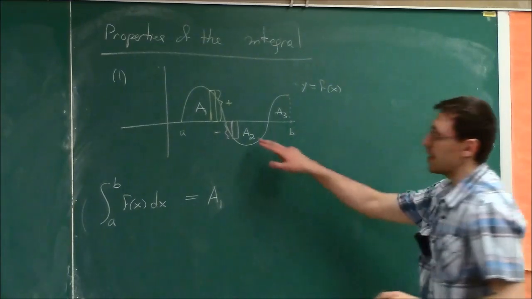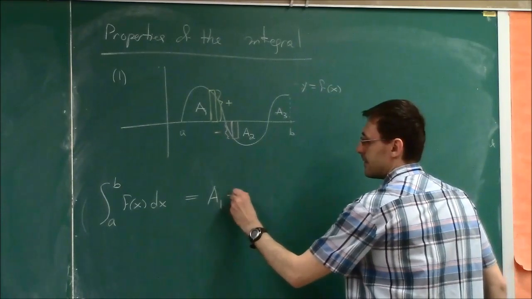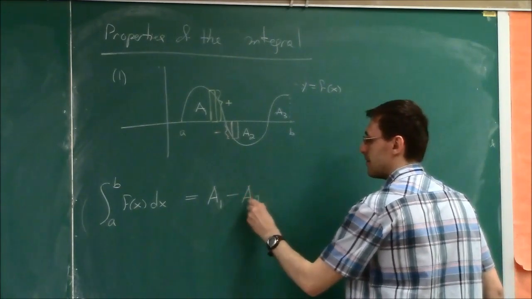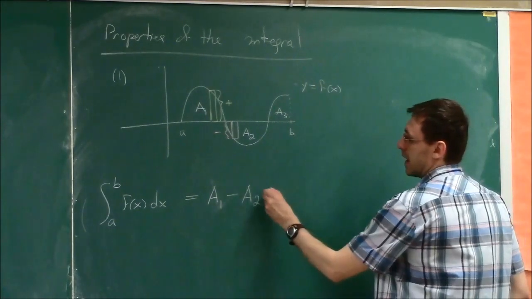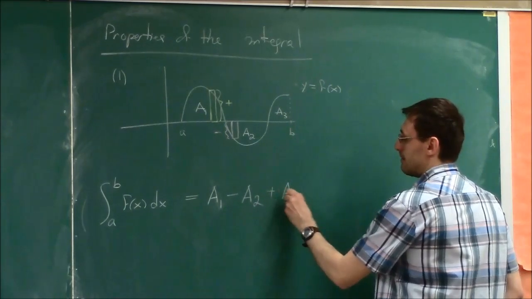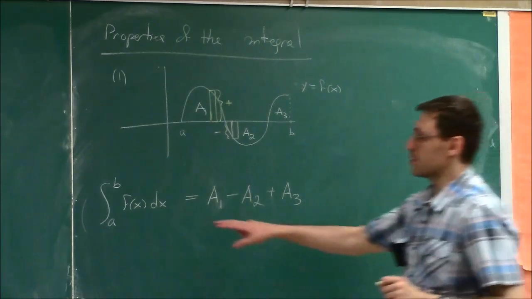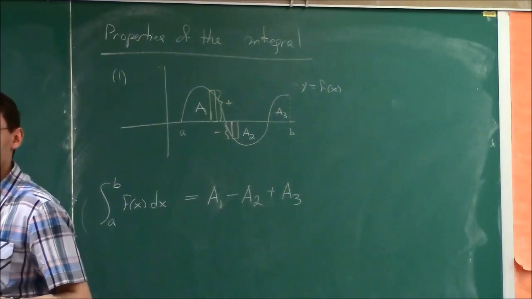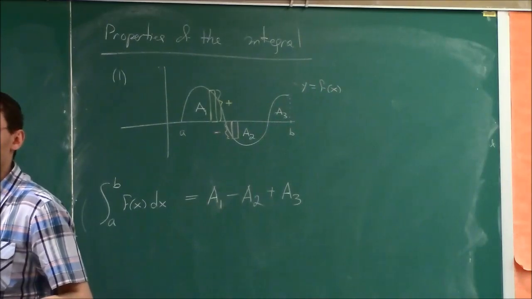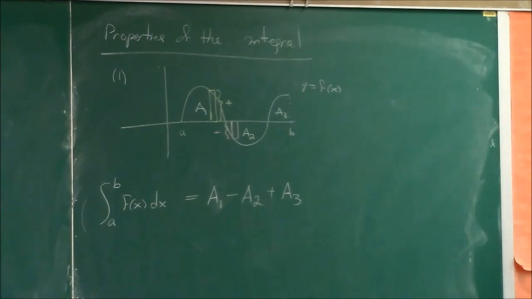So you can see that over A2, because it's below the x-axis, I will subtract A2. And by similar reasoning, I will add A3. So the integral is not quite the area. Do you see why? Because if you just look at the sum, just as a product of f with delta x, this can be positive or negative. So it's no longer necessarily the area of the rectangle. It could be negative area of a rectangle. So that's one behavior of the integral.